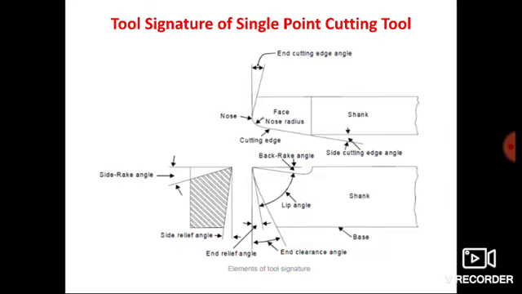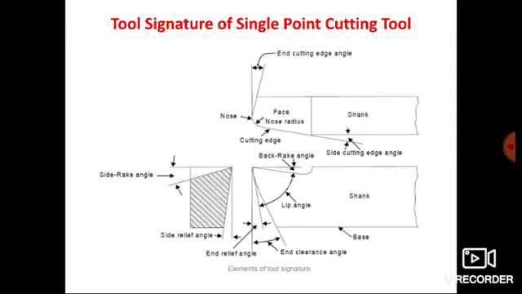So for better understanding of the various angles, we have taken its orthographic projection. Here you can see this is the front view, this is the top view, and this one is the side view. Again I am repeating, this is the front view of a single point cutting tool, this is the top view, and this is the side view.